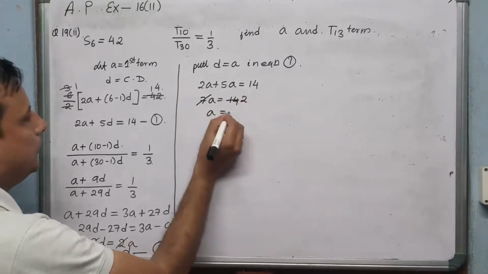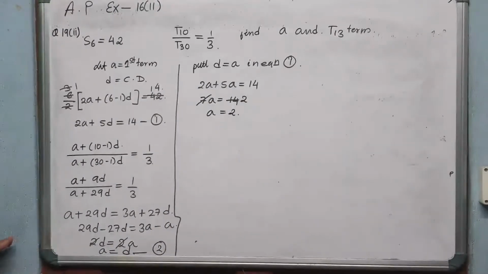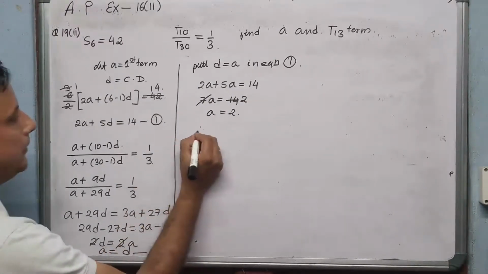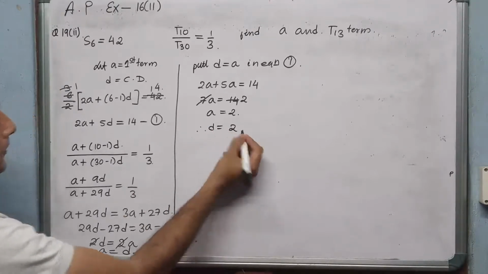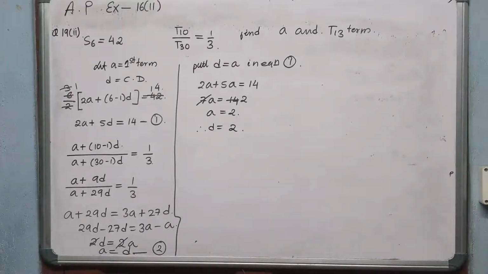A is 2, therefore D is also 2. The first term is 2, the common difference is also 2.